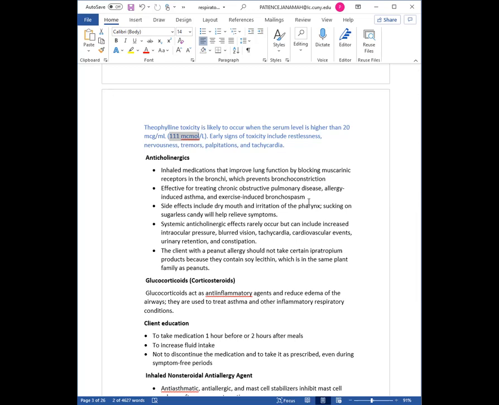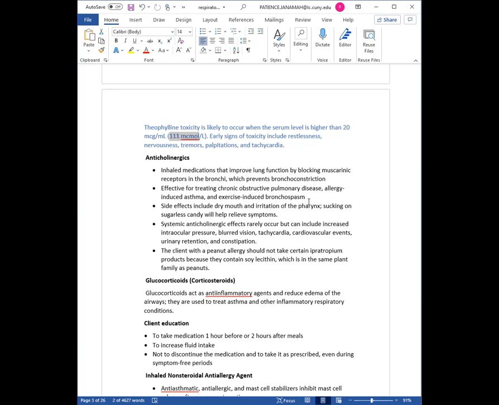Okay. A client with a peanut allergy should not take certain ipratropium products because they contain soy lecithin, which is in the same plant family as peanut. Now this is how the anticholinergics are administered.